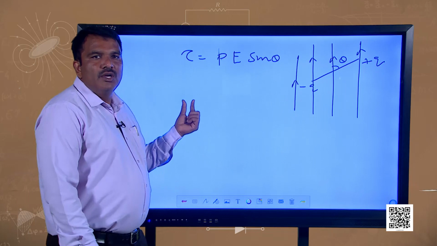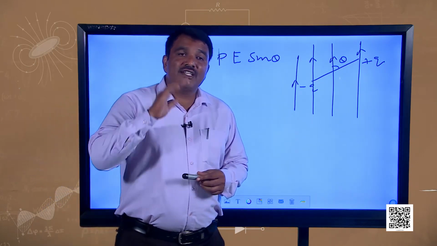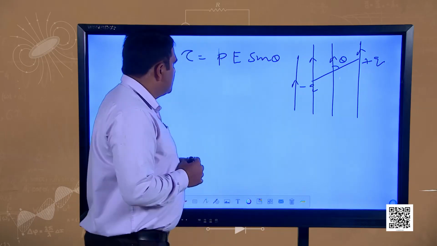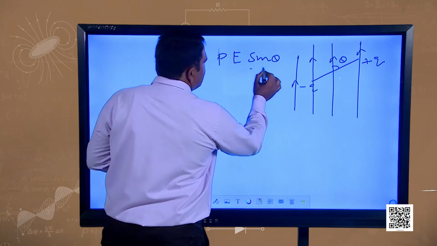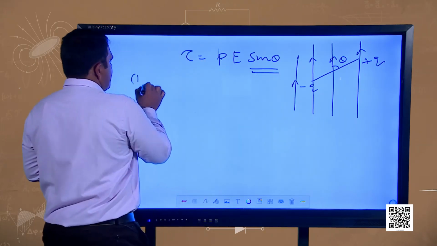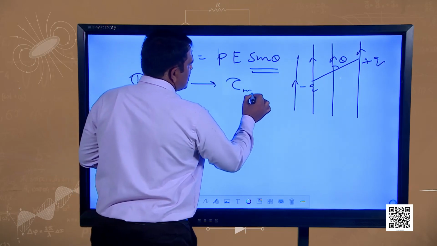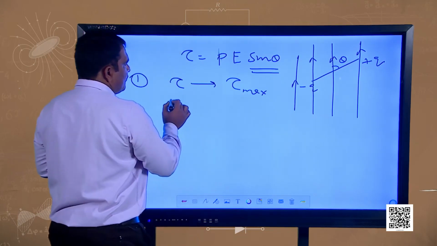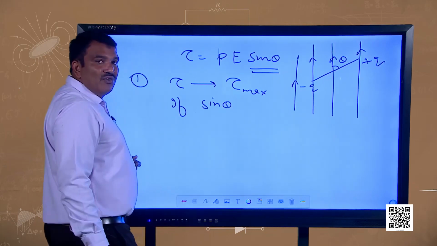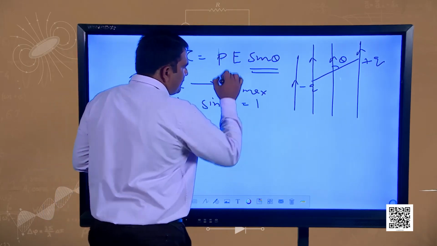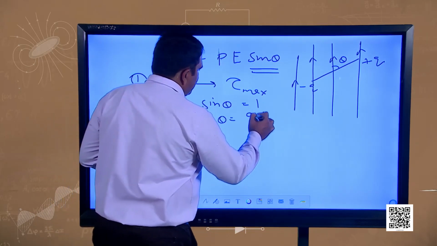Now, you have to find the orientation of the dipole when the torque acting on it is maximum. So, this torque will be maximum if value of sin theta is maximum. So, torque will become equal to tau max if sin theta is maximum, and the maximum value of sin theta is 1, which happens only when theta is 90 degree.